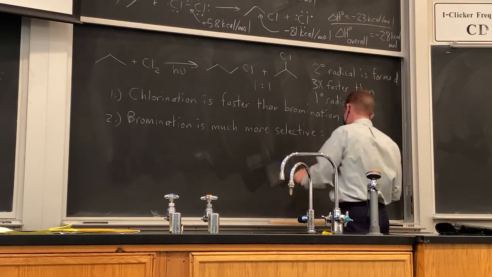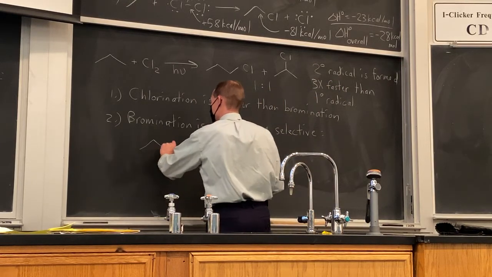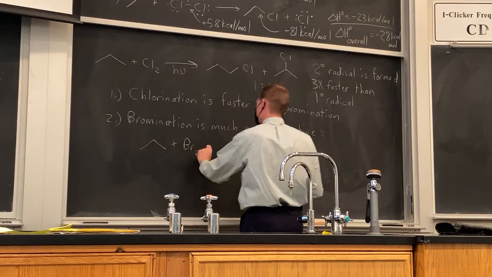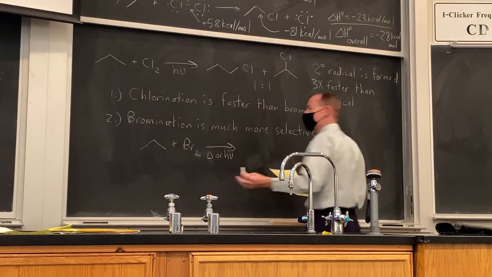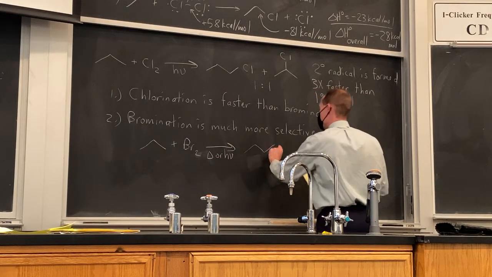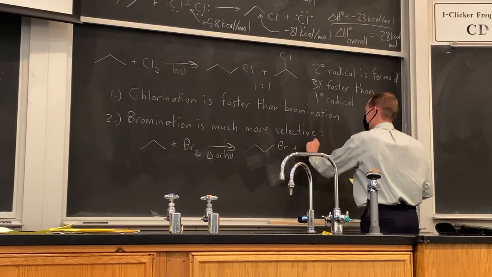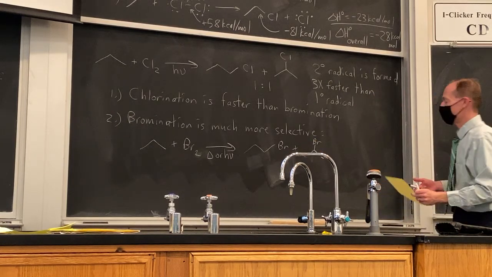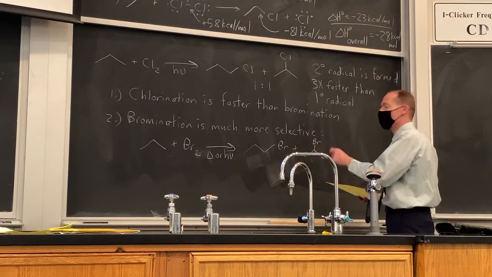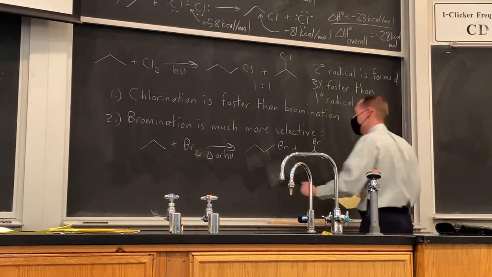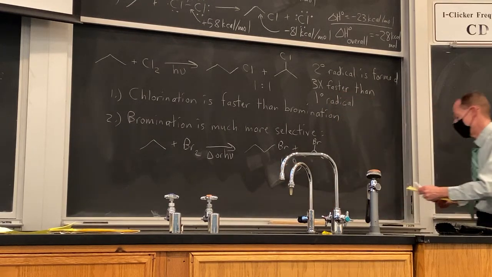So if we're performing a bromination of propane, we've got the same two possible products that we did with the chlorination of propane, except we have bromine instead of chlorine. Instead of getting a 1-to-1 ratio, we form almost exclusively the more substituted bromide. It's going to be a 99-to-1 ratio.